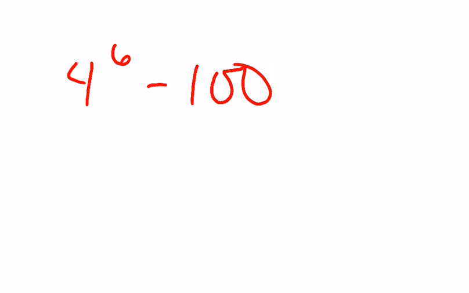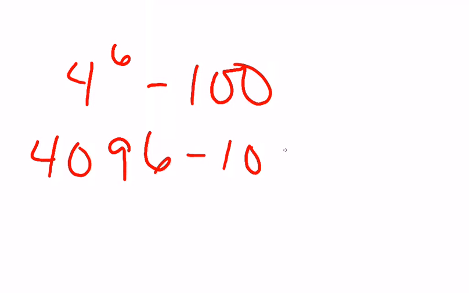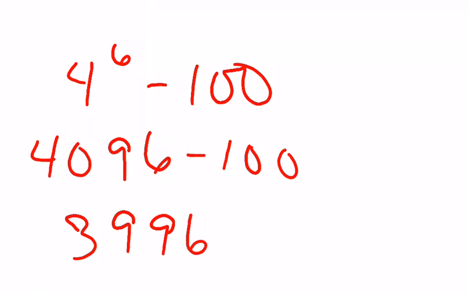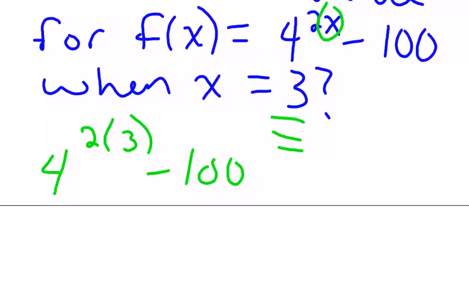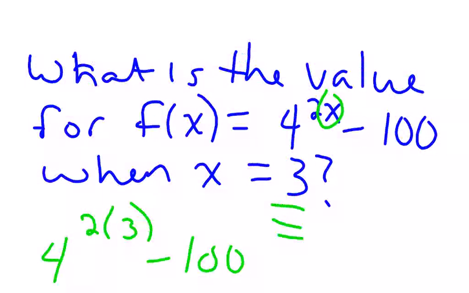We have to do exponents first, so 4 to the 6th power in your calculator gives us 4,096 minus 100. And so that gives us 3,996. So the value for f of x when x is 3 is 3,996.